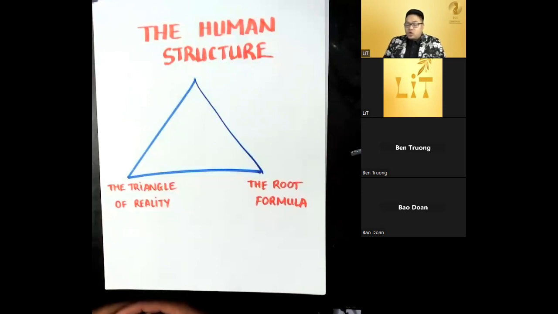And then the triangle of reality gives us the detailed information. The triangle of reality is the semantic reference system that we use to gather the information that we need. Let's use the story of Jeff Bezos, for example.